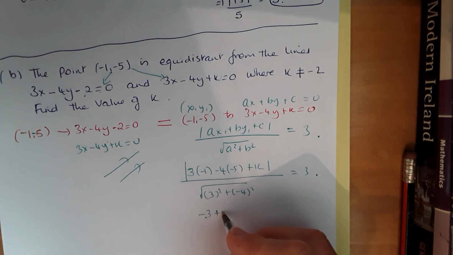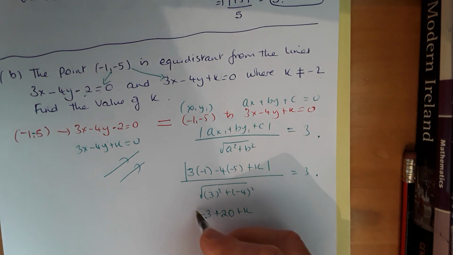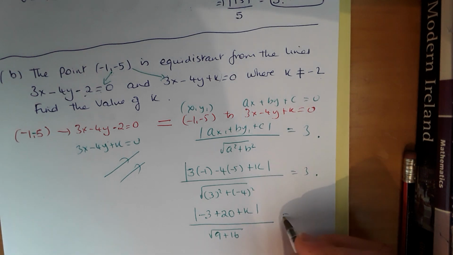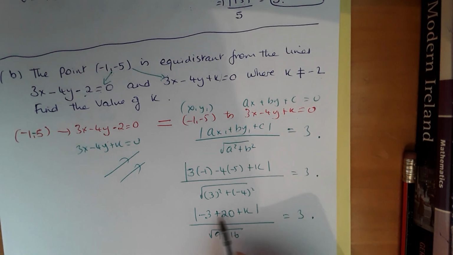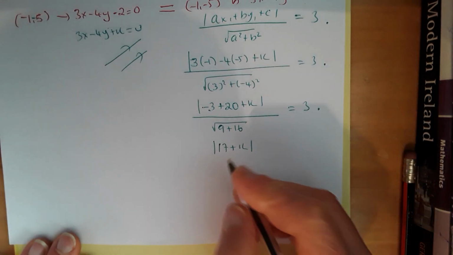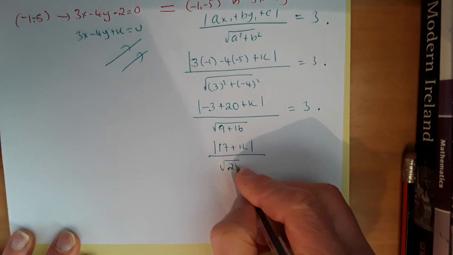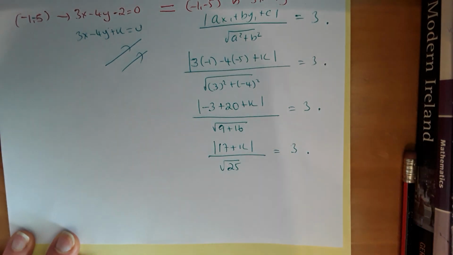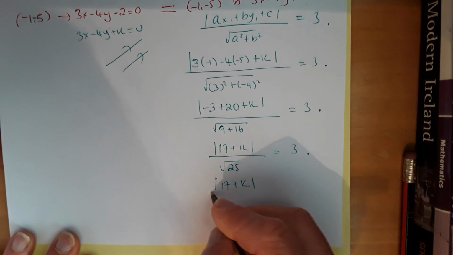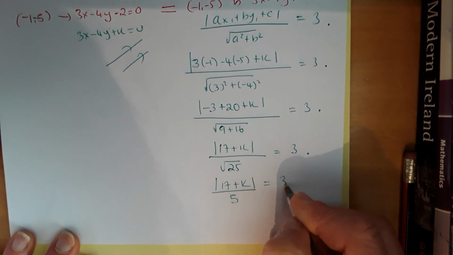The modulus of -3 plus 20 plus k over the square root of 9 plus 16, never negative, is equal to 3. 20 minus 3 is 17 plus k, the modulus of that, all over the square root of 25, and it's equal to 3. So the modulus of 17 plus k over 5 is equal to 3.